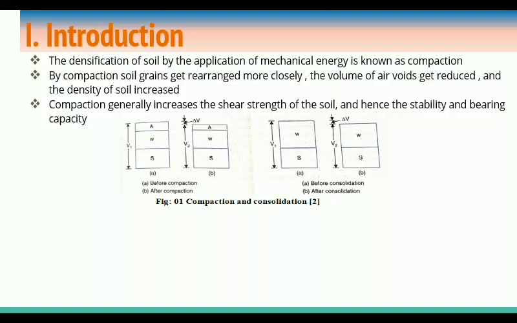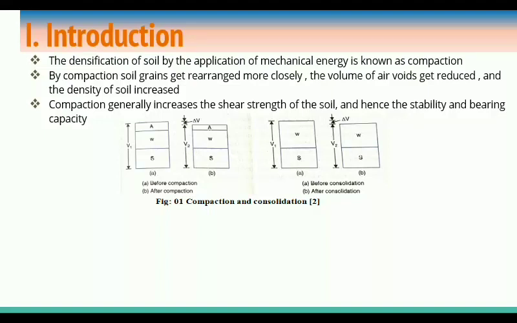After consolidation, the volume of soil is reduced only by the reduction in volume of water. In this case also, the volume of solid will not change. So the total volume of soil is reduced by the reduction in volume of water.